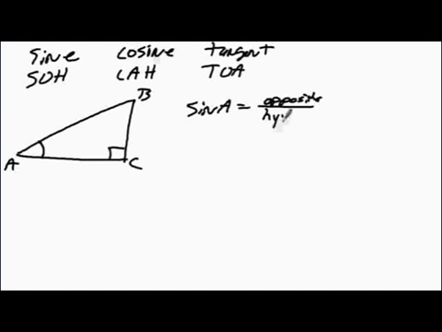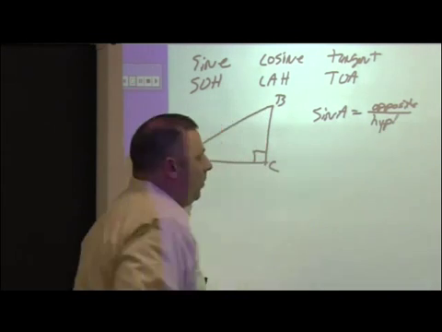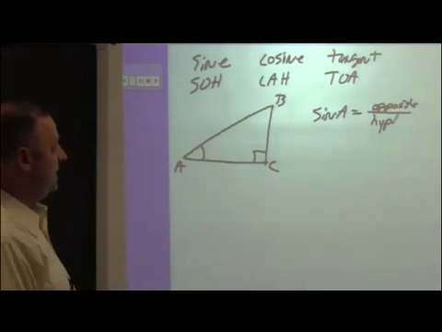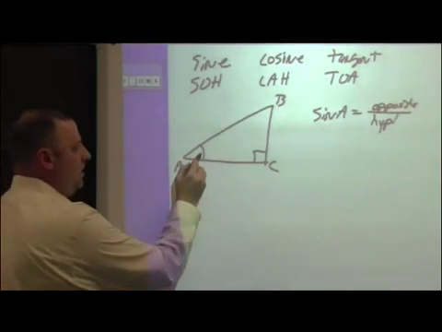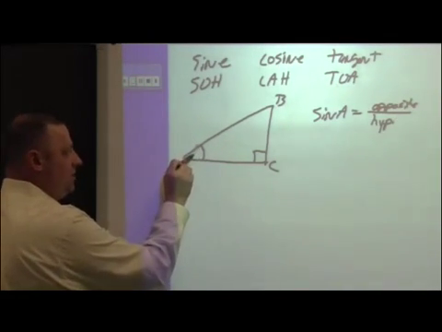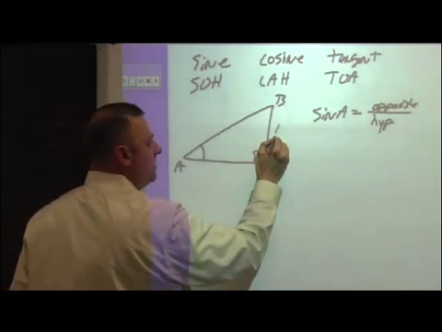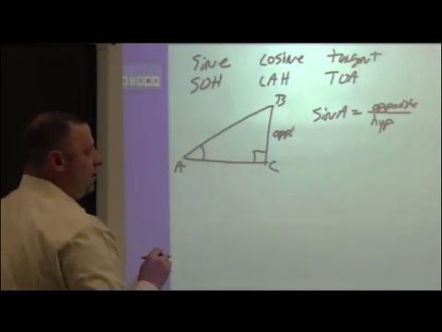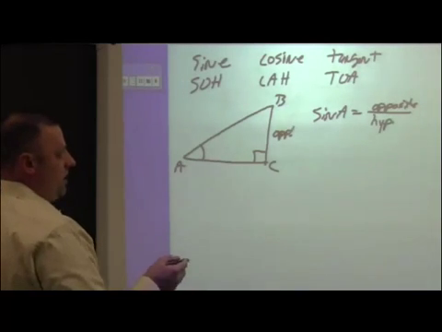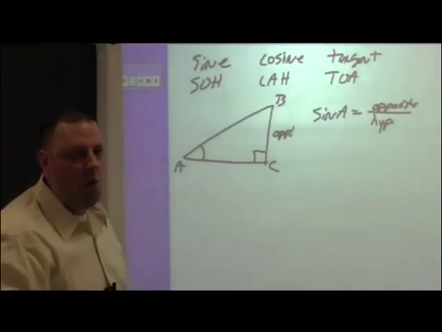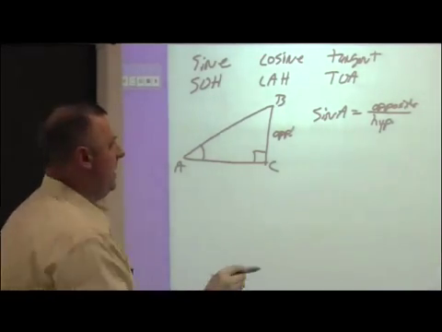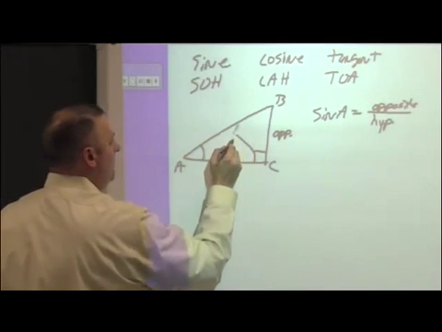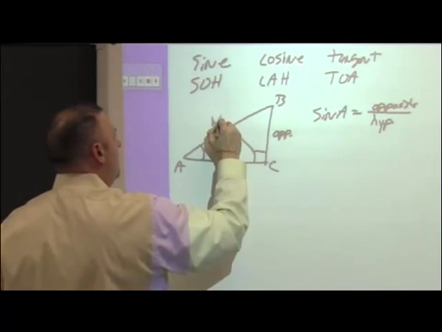I'm going to abbreviate hypotenuse HYP. What sides would that be? Well, in this case, you want to start with the angle. The side opposite this angle will be directly across from it. So this is going to be the opposite side. What's the hypotenuse in this triangle? Hypotenuse is always, always, always opposite the right angle. So these are the two that I would get first. So this guy right here has got to be the hypotenuse.